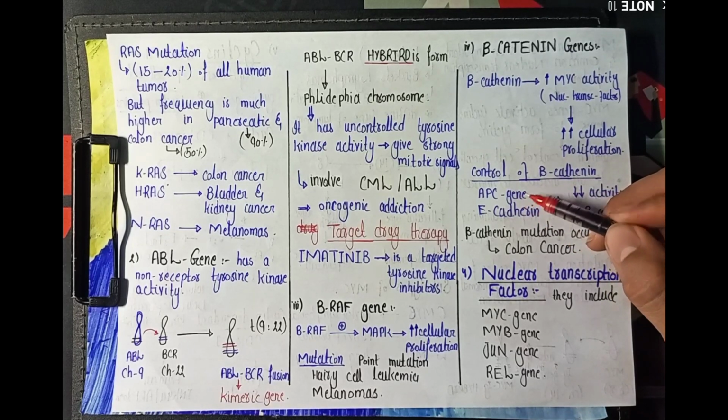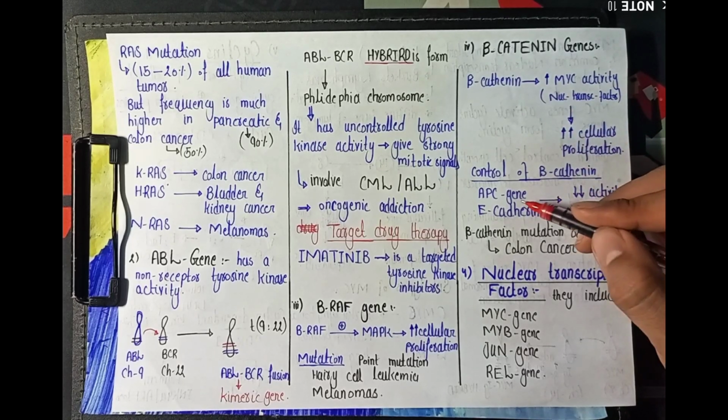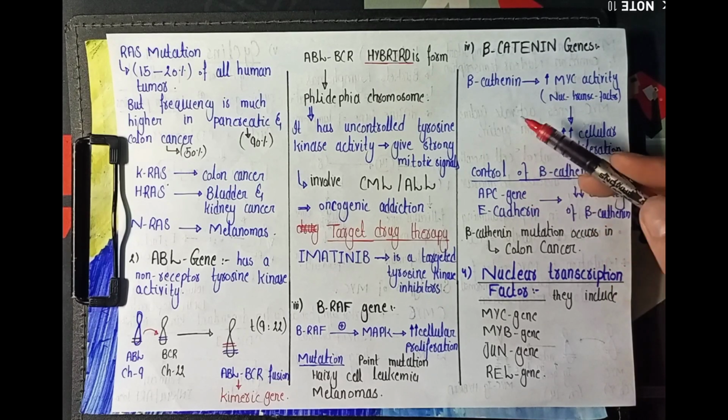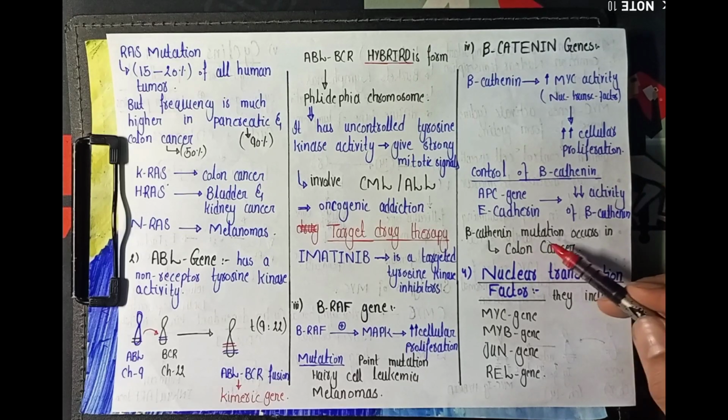When these genes express, they regulate the activity of the beta-catenin gene. But when there is a loss of function mutation in the APC gene or the E-cadherin gene, then these genes will not work, and hence there will be no inhibition of beta-catenin, and the beta-catenin will overexpress and cause overproliferation of the cell and lead towards neoplastic changes. And the beta-catenin mutation occurs in colon cancer.